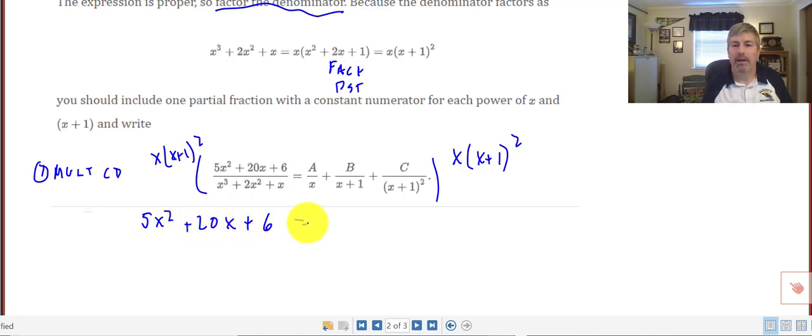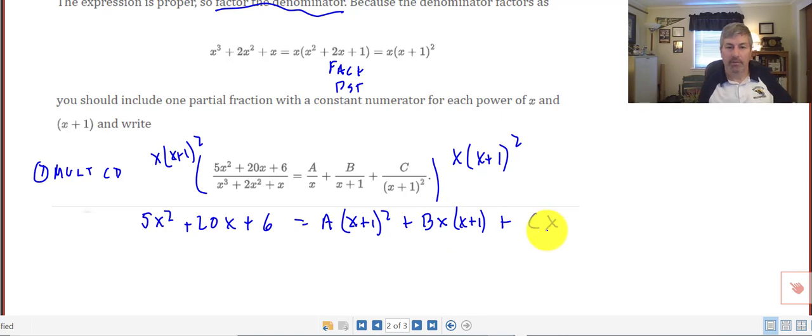And on my right-hand side, the x cancels, so I'm left with a times (x plus 1) quantity squared plus b times (x plus 1) plus c times x.